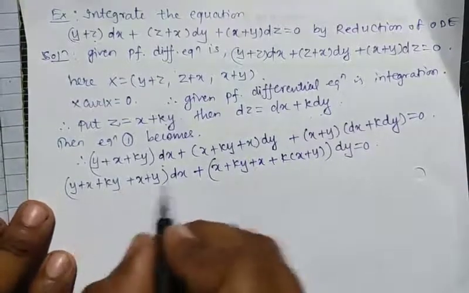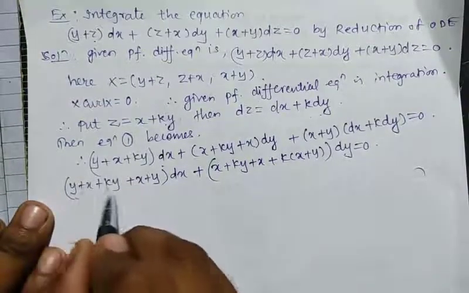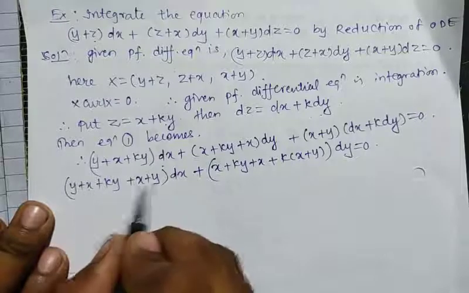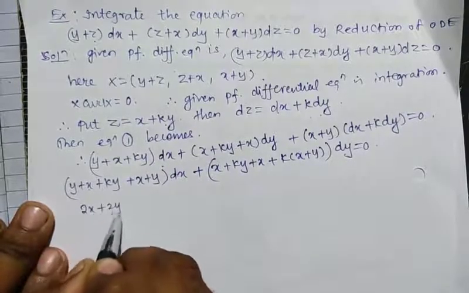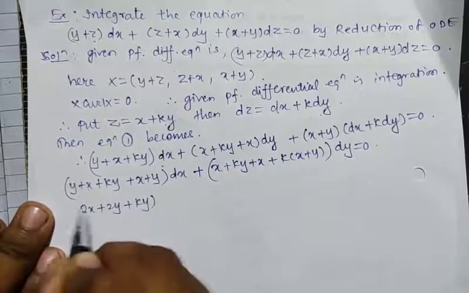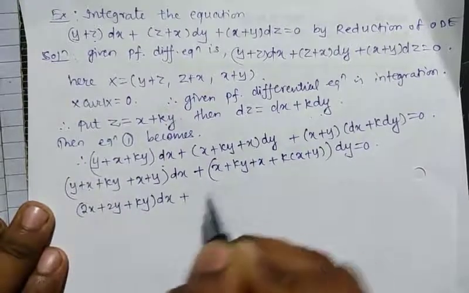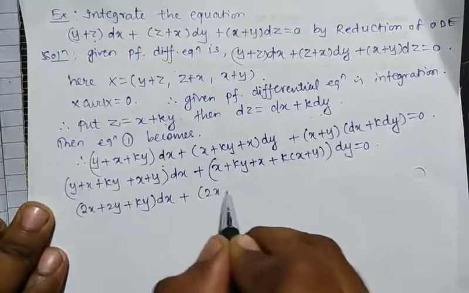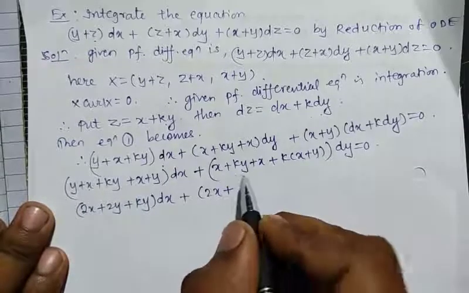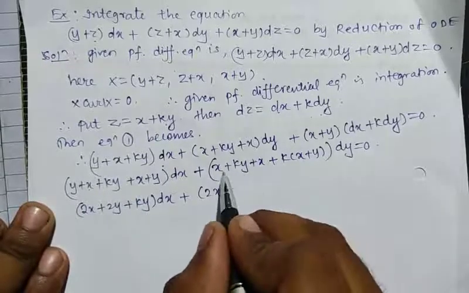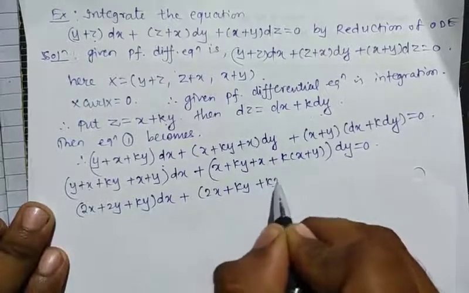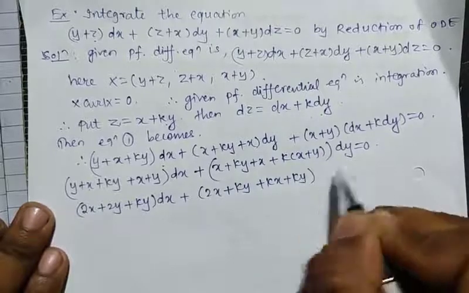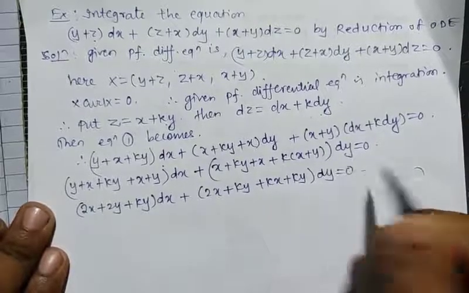Okay, so here we get x plus y plus x plus x plus y, which is equal to (twice x plus twice y plus ky) into dx plus (twice x plus ky plus kx plus ky) into dy equal to 0.